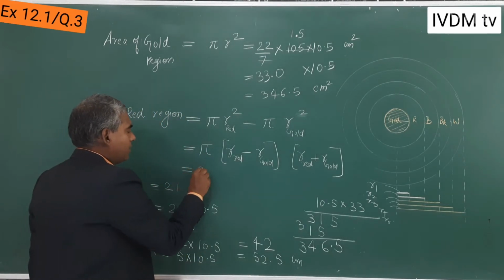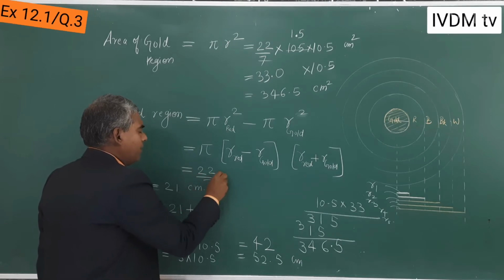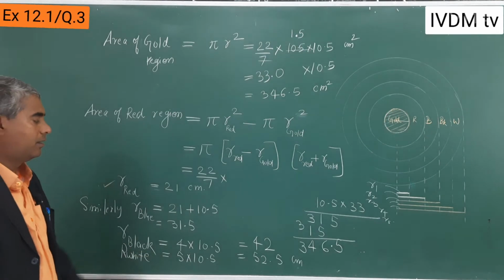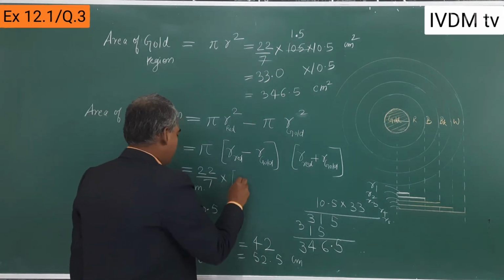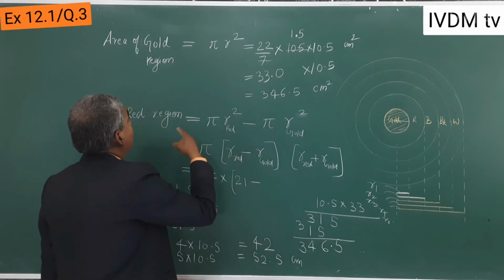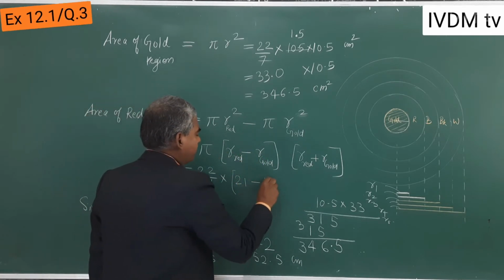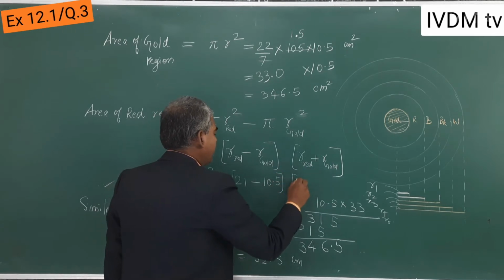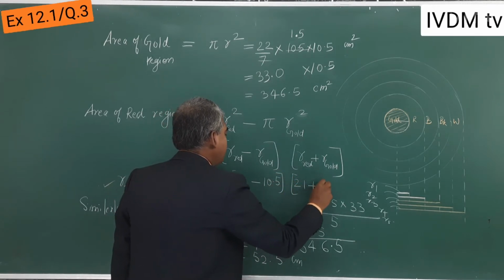Okay, solve it. 22 upon 7 multiply r red minus r gold. Red is 21, gold is 10.5, and this 21 plus 10.5.